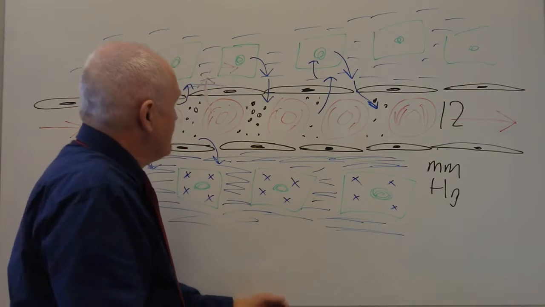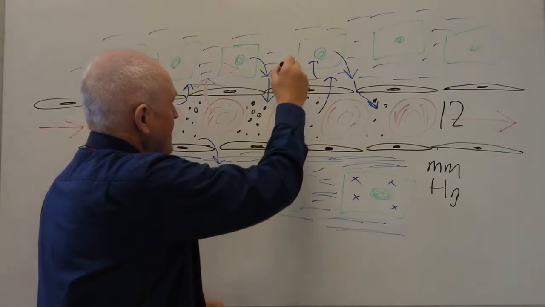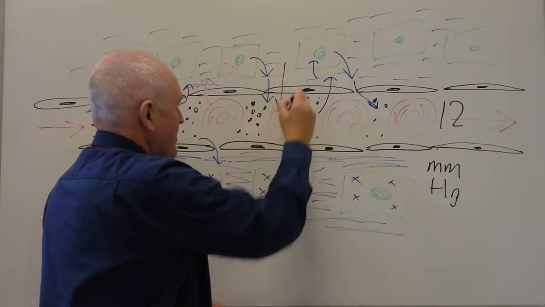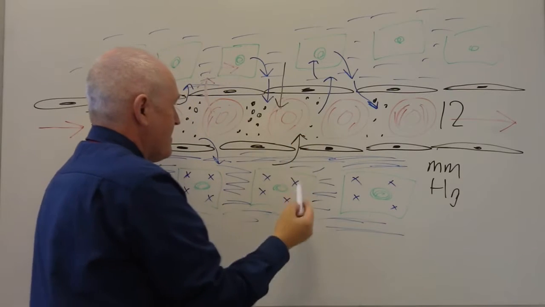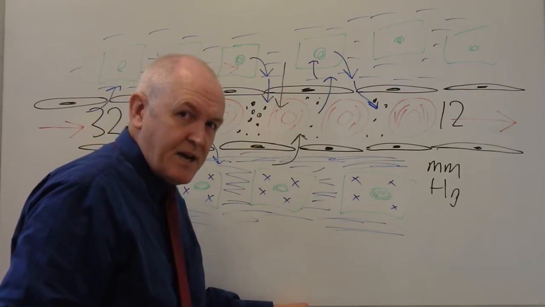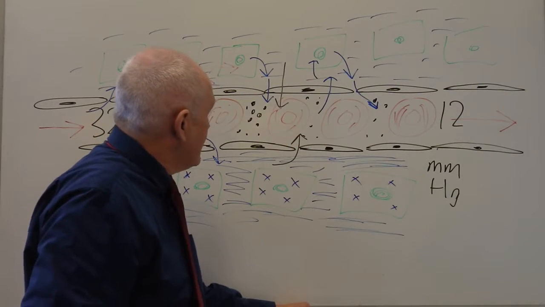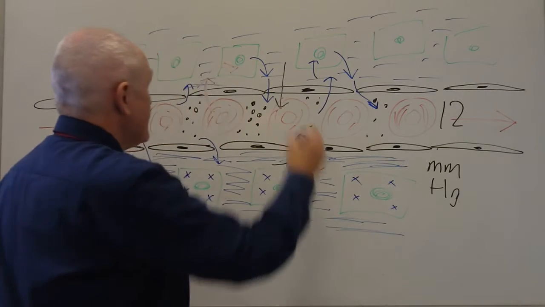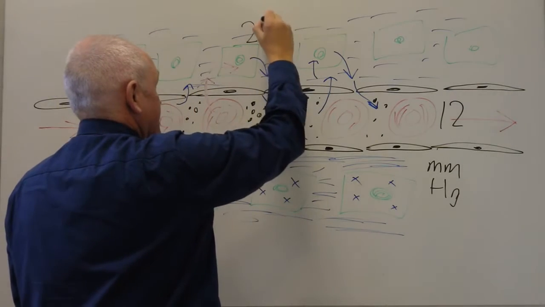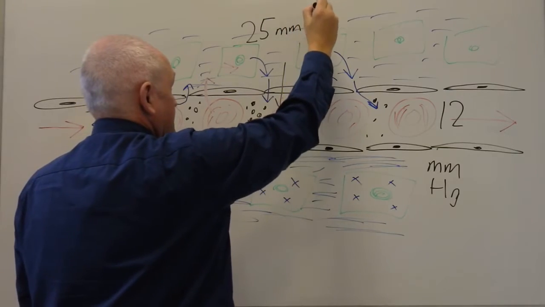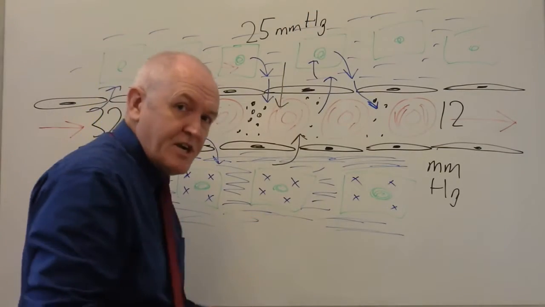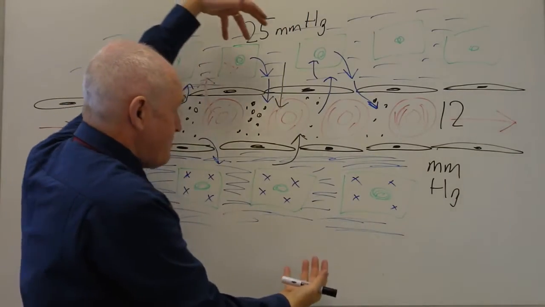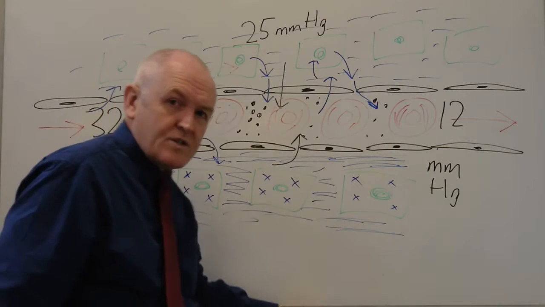And that means that the water molecules are going to come back in by the process of osmosis, being sucked in by the plasma proteins. And we can actually measure this, and it turns out that it's about 25 millimeters of mercury. That is the osmotic pressure, sucking water molecules back in.